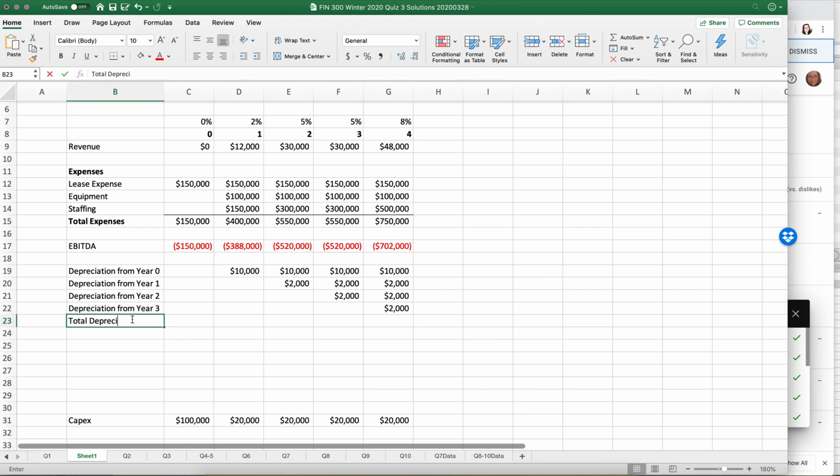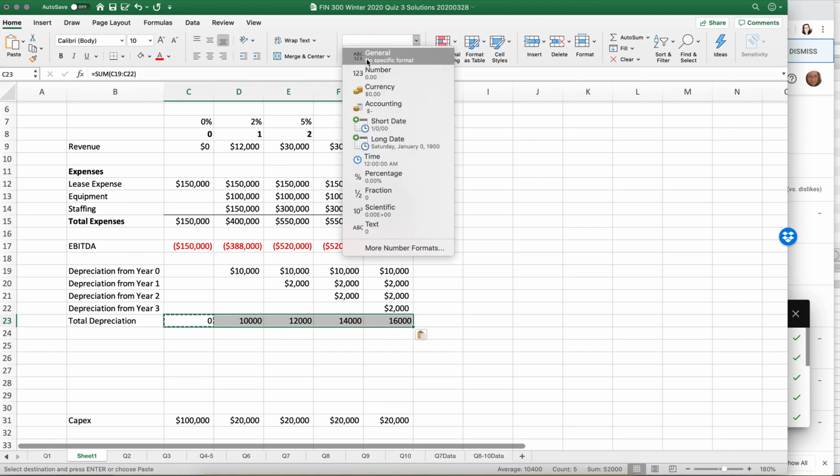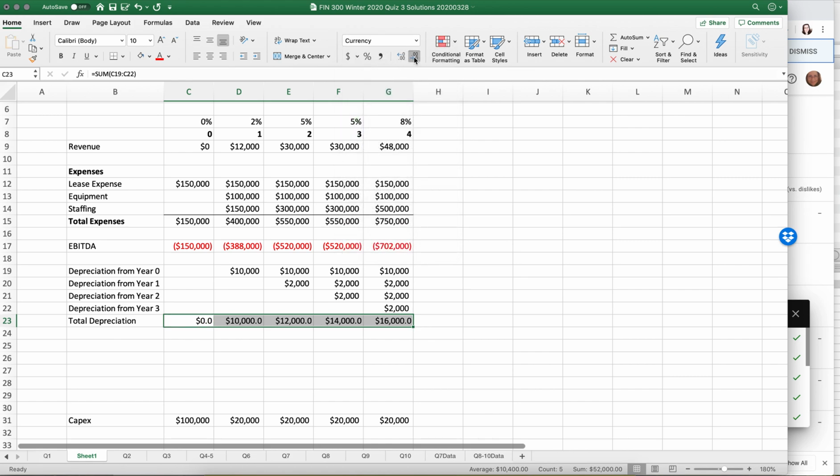So total, yeah, sure, I'll make it capital. Total depreciation is going to be the sum of all of these things. I'll drag it across. Ooh, but it's not in the right format. Let's add a border on the bottom. Okay, so now we have total depreciation. Actually, let's just call that depreciation so it's easier to see.